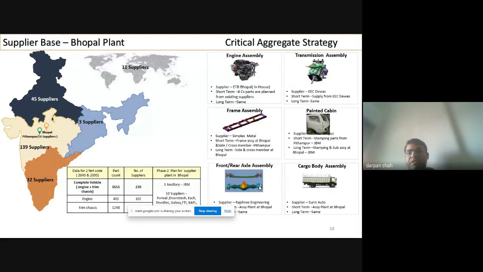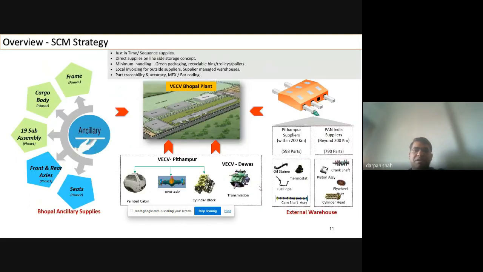And then to carry the load, we have the cargo body, which is basically required to store any part required for transportation. So this is just an overview of the input that is required for overall planning of the supply chain.